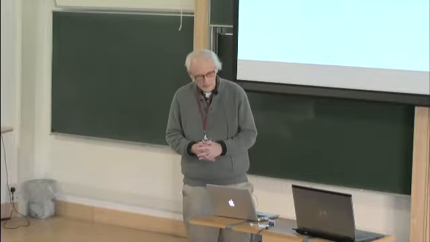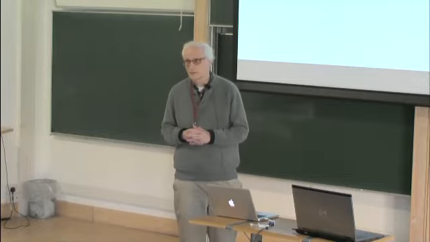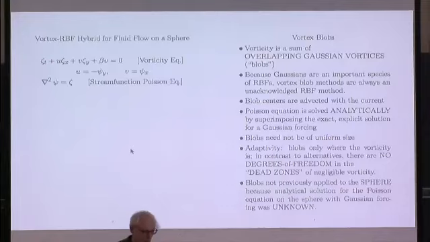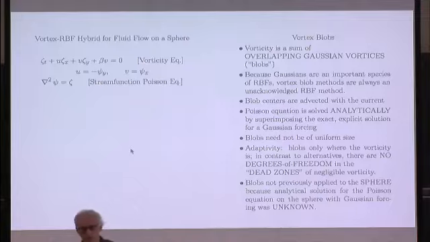Well, the barotropic vorticity equation I've written out in Cartesian coordinates for simplicity, but we actually solved the problem in honest spherical coordinates. The vorticity is represented as a series of overlapping Gaussian vortices. Historically, vortex methods began with the work of Rosenhead in 1932 using point vortices.